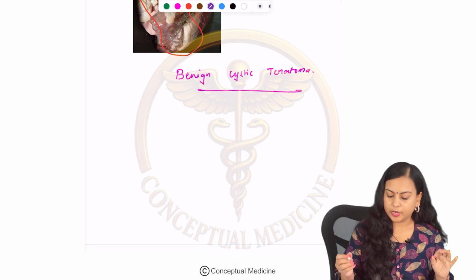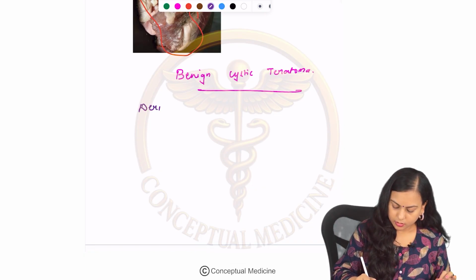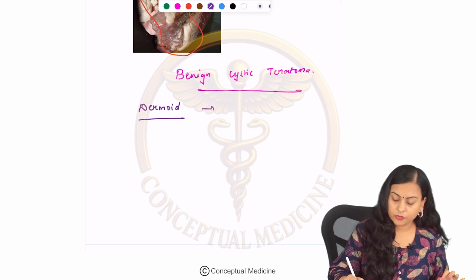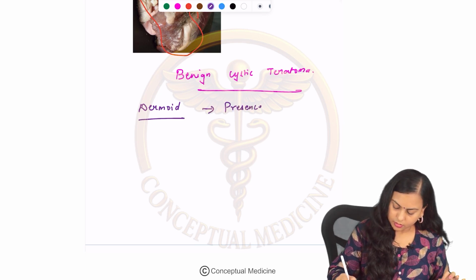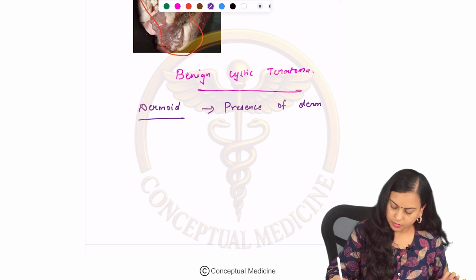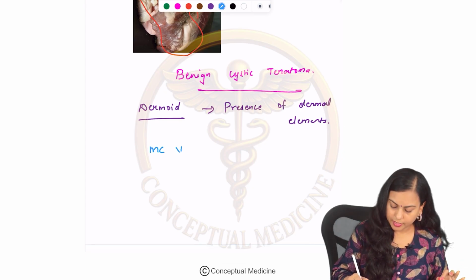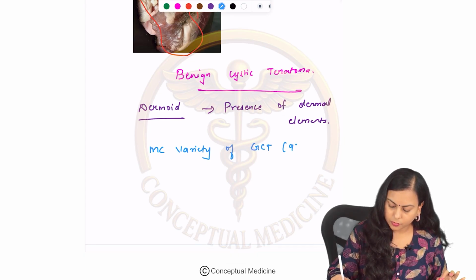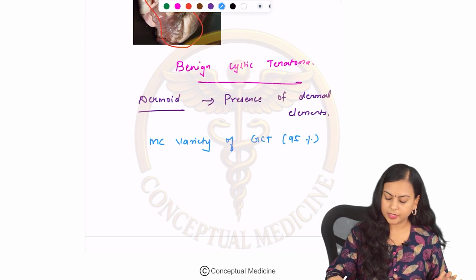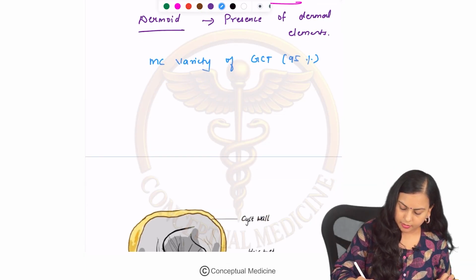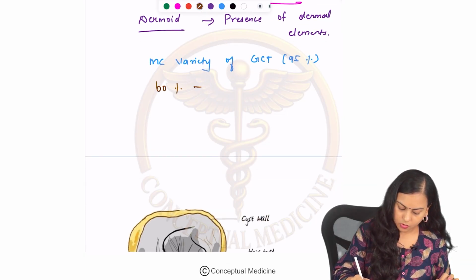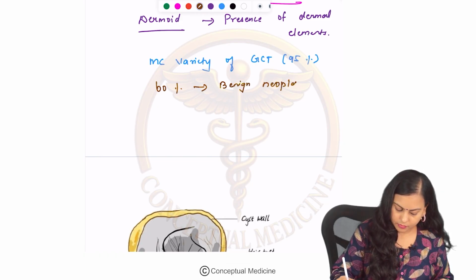It is called dermoid because there is presence of dermal elements, and this is the most common variety of germ cell tumor, which constitutes about 95% of the germ cell tumors, and 60% of them are benign neoplasms.